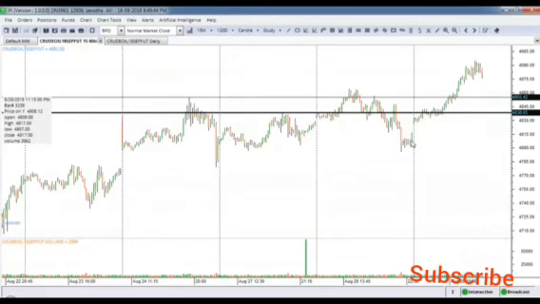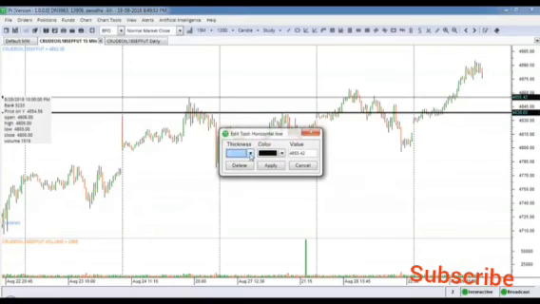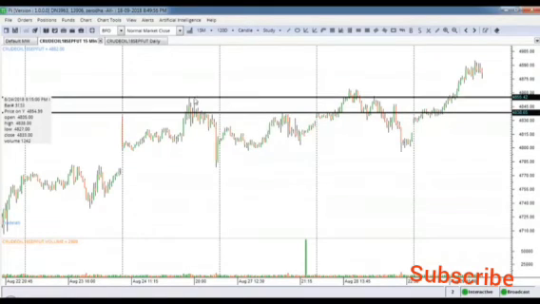So what does this mean? Did it build resistance here? At these levels, are there resistances? Yes or no? Okay.